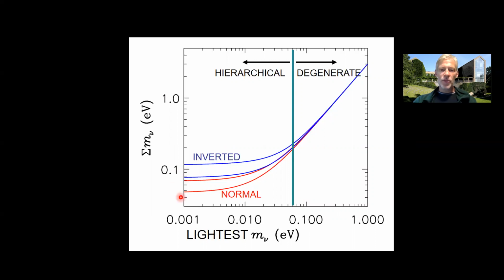Now you can see, as you turn the lightest neutrino mass upwards, everything is squeezed together, and essentially all the mass states are identical, and we're into what is known as the degenerate limit. And as you'll see later in the talk, right now, the bound on mass is roughly where the green line is, so to speak. And that means we're almost at the point where we can start to probe hierarchical neutrino masses. Not quite yet, but we're getting there.